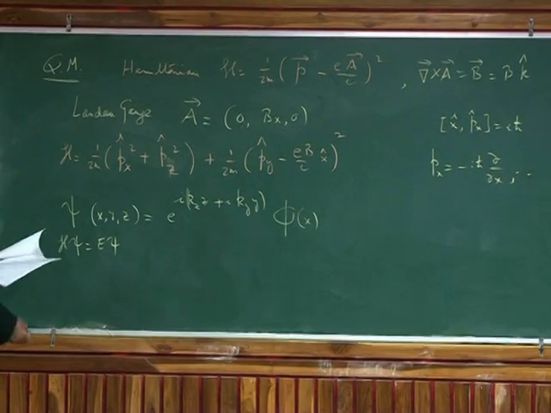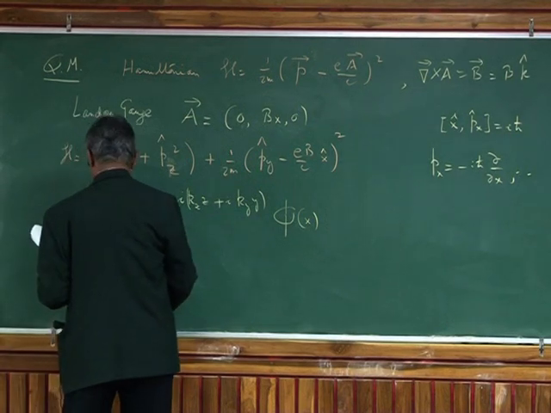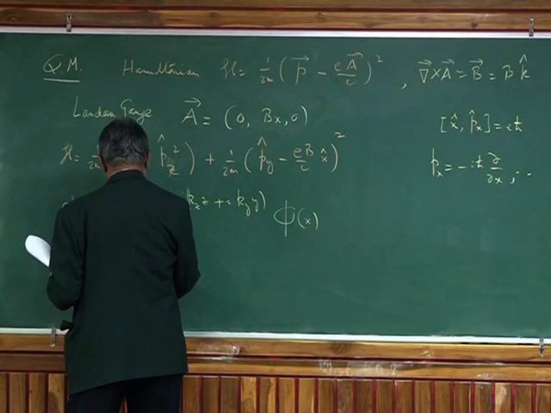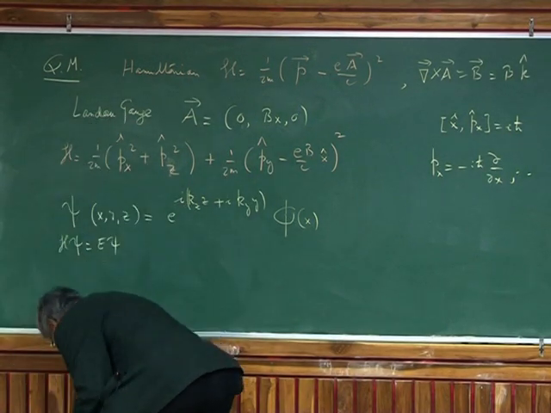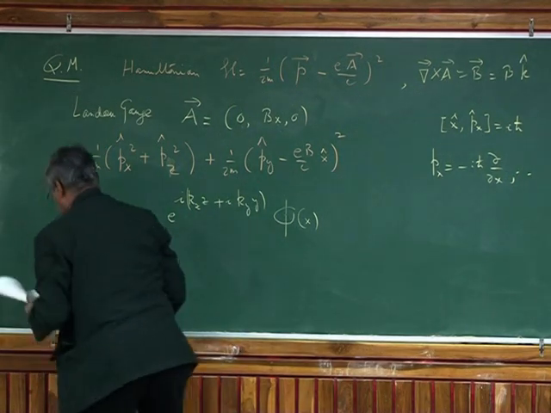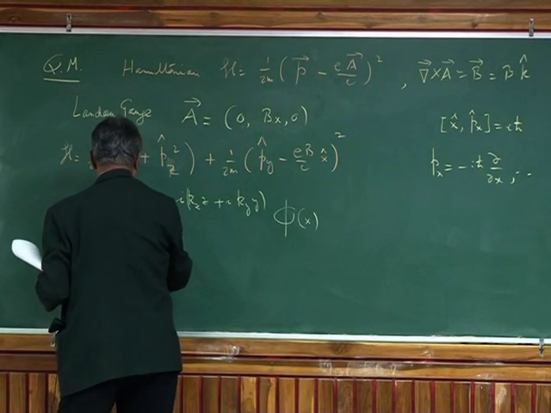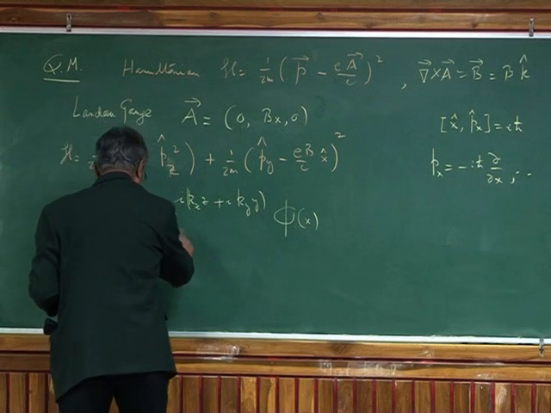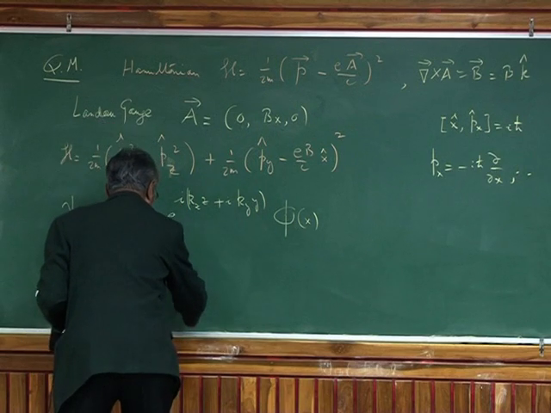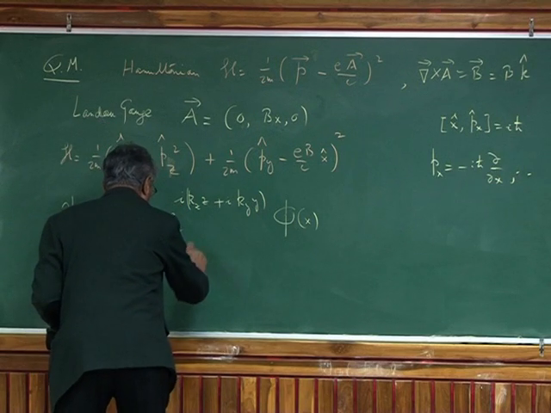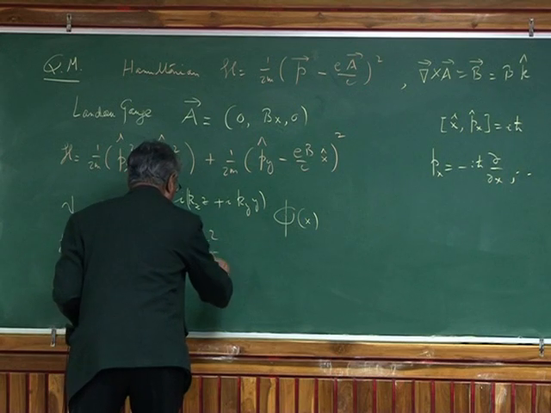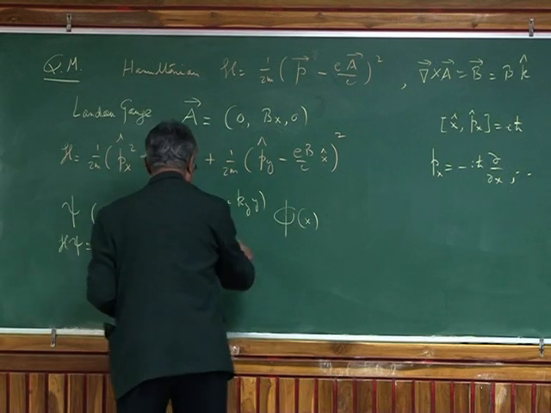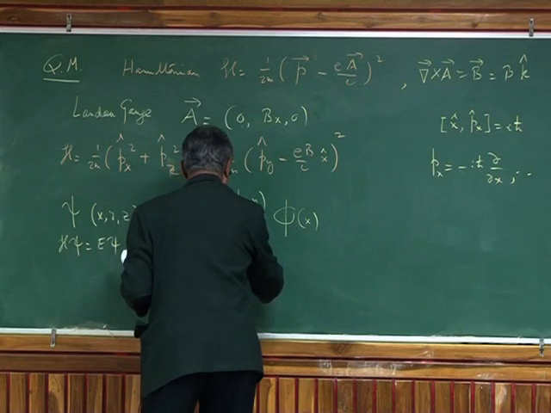And so the net result will give you a one-dimensional Schrödinger equation. This is pretty elementary. You'll find it in any book in quantum mechanics.